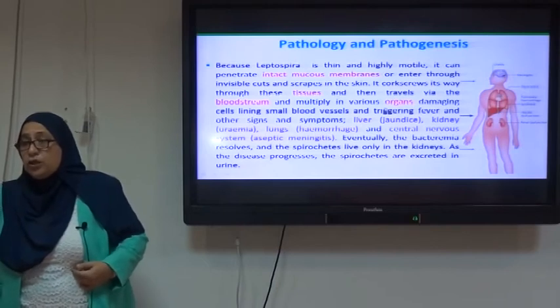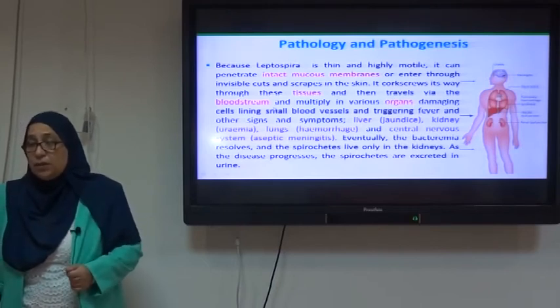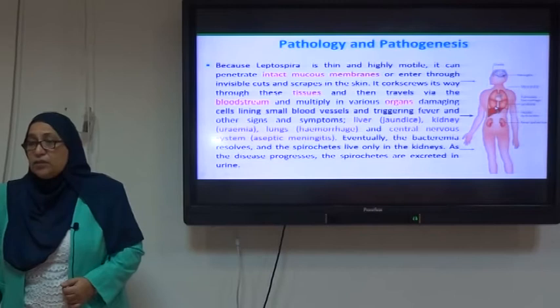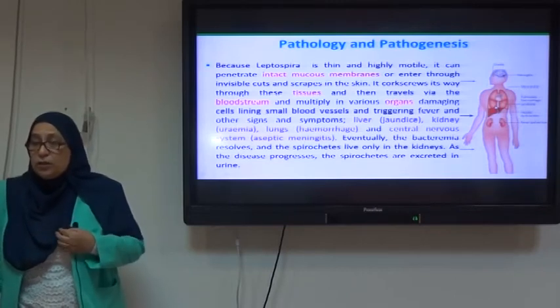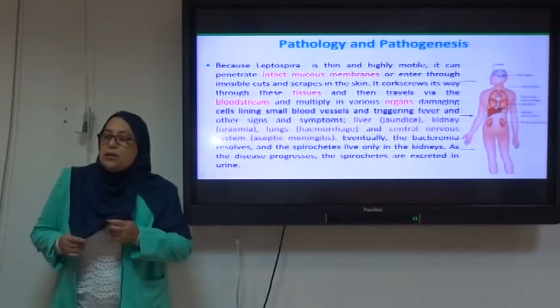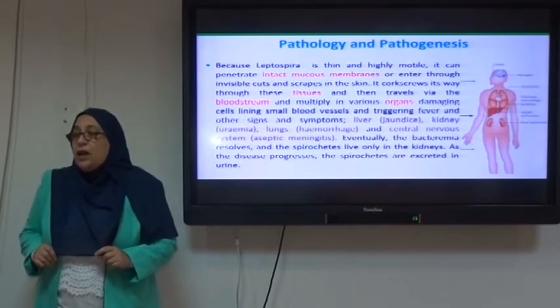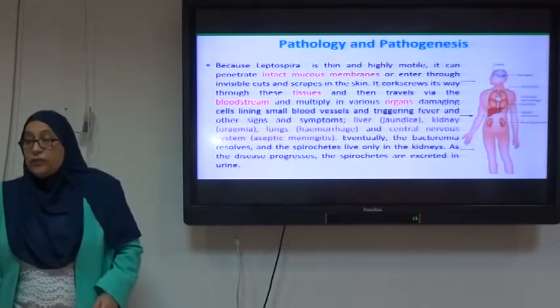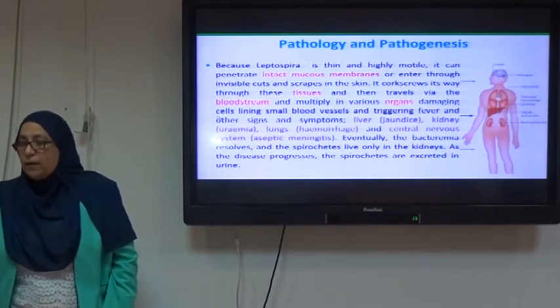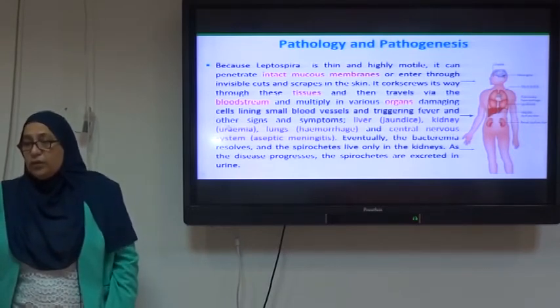It passes through tissues and then goes to the bloodstream and multiplies in various organs, damaging the cells lining the small blood vessels, and it causes a fever. It is gram-negative, and so it triggers fever.